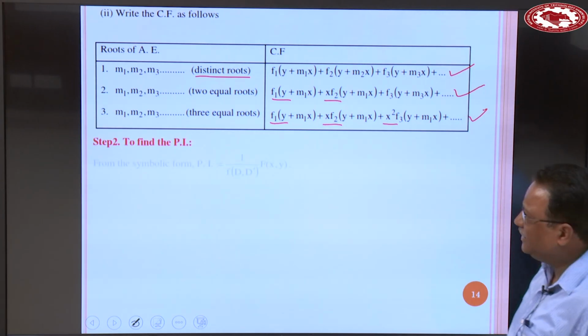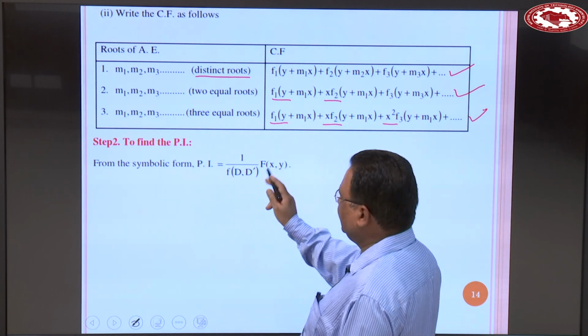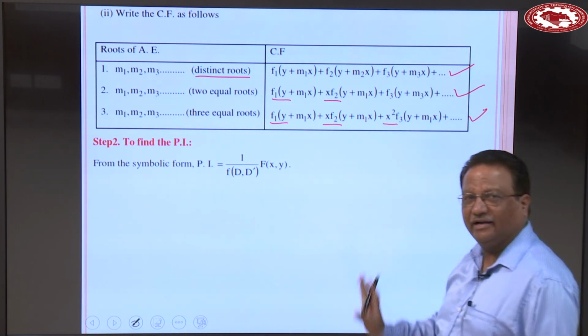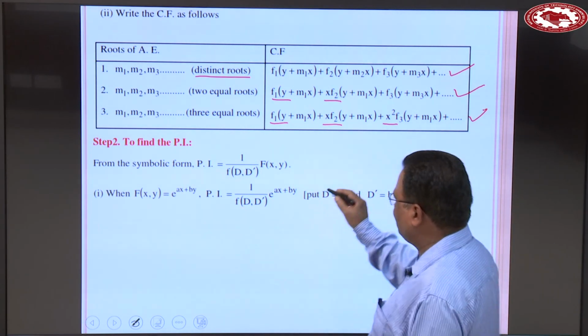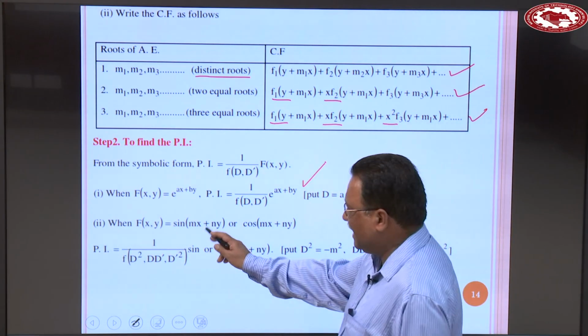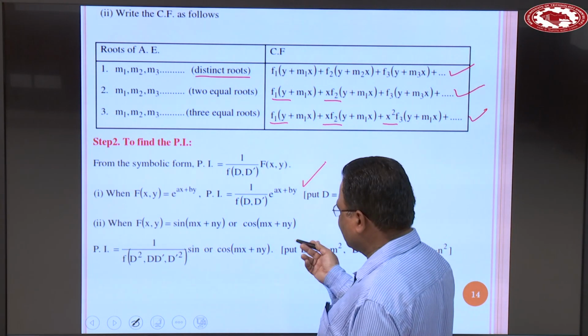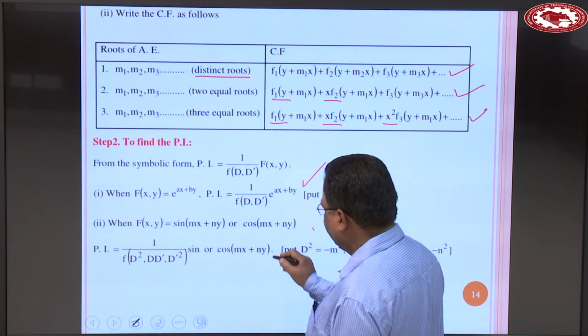And to find the particular integral, PI is equal to 1 over f D, D dash, function of x y. Clear? And when f x y is e raised to power ax plus by, then the particular integral can be written like this. When f is equal to sin mx plus ny or cos mx plus ny, then this particular integral can be written this way.